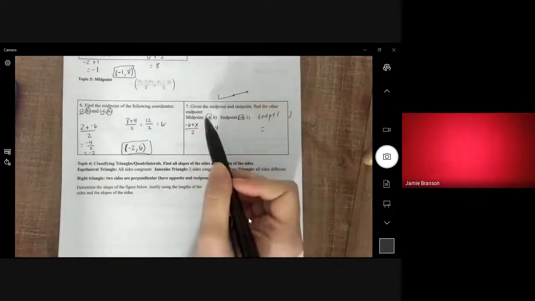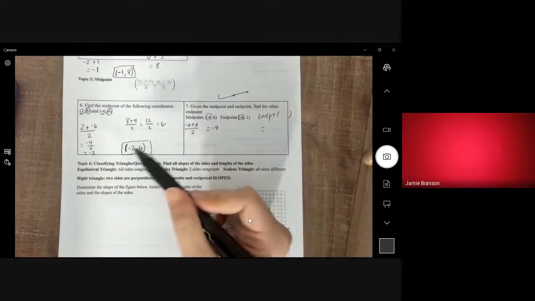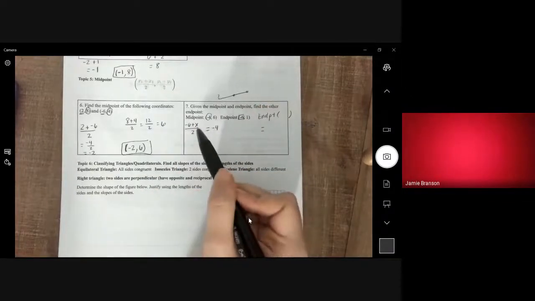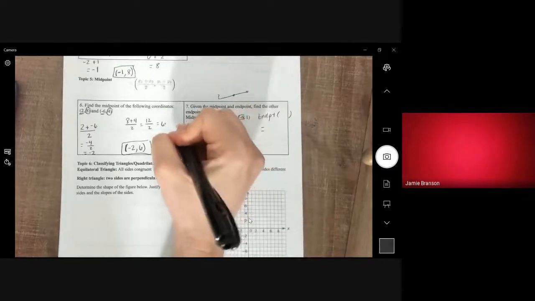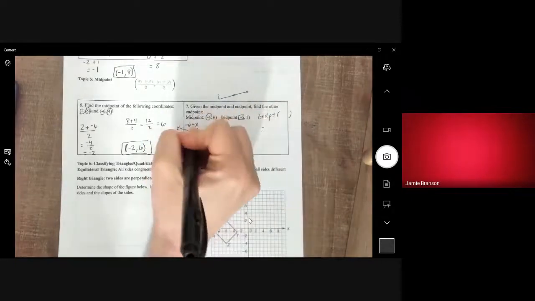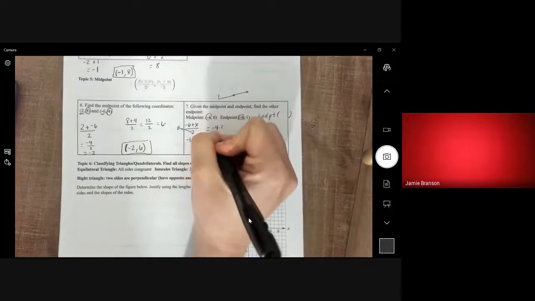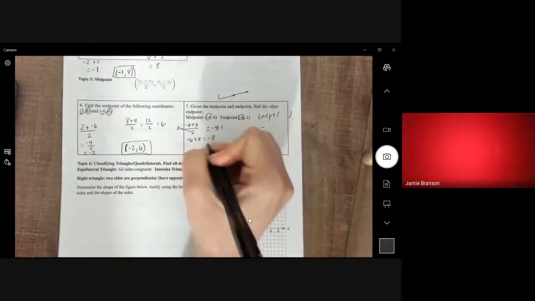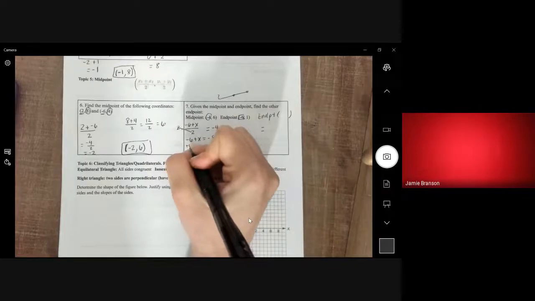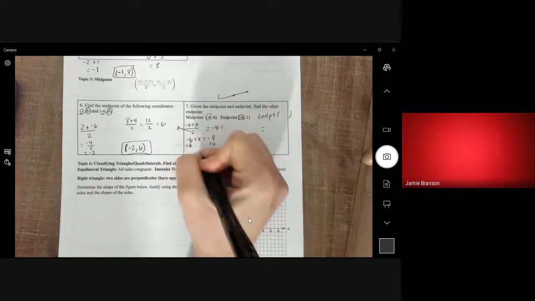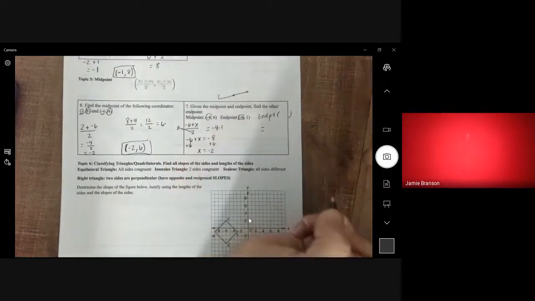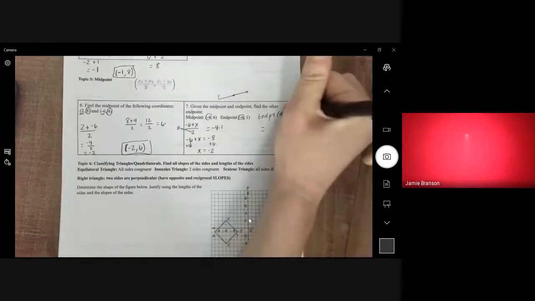Okay, think about the midpoint as your answer. That's what we get out. So this is what we need to solve for x. So multiply by 2 on both sides to cancel that out. So we get -6 plus x equals -8. Okay, and then add 6 on both sides. So we get x equals -2. Okay, so that's going to be my x coordinate of my endpoint.